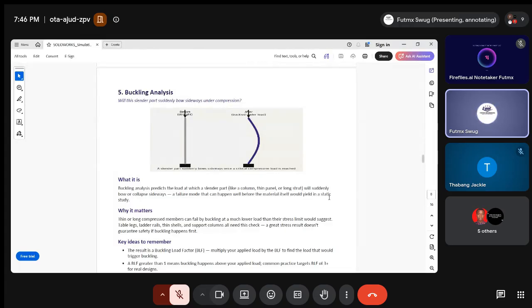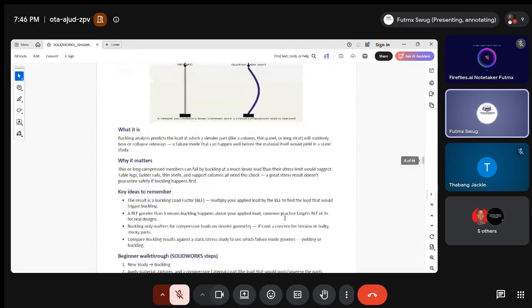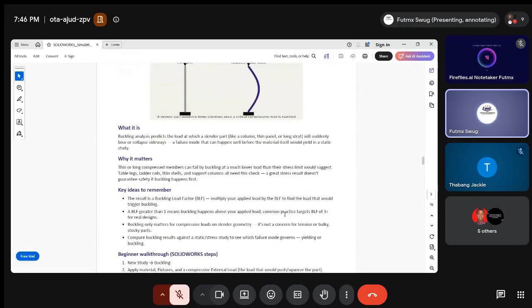So that's much I can say about buckling analysis. I haven't done much buckling analysis yet; it's something I will try. Buckling analysis is mainly done by people in automobile or aerospace analysis.